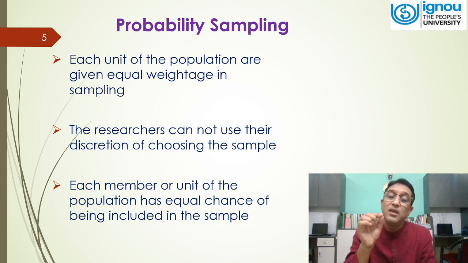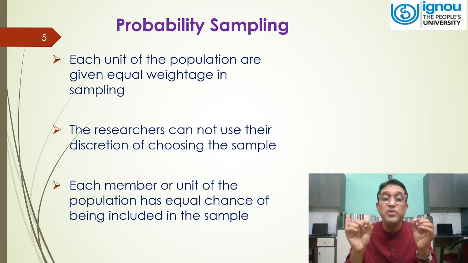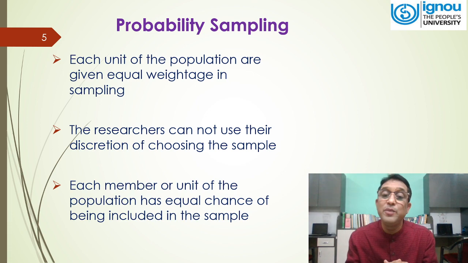So you can say the probability of being selected for the first unit of the population will be the same as for the last unit of the population. In the population, every unit will have the same probability, equal probability.